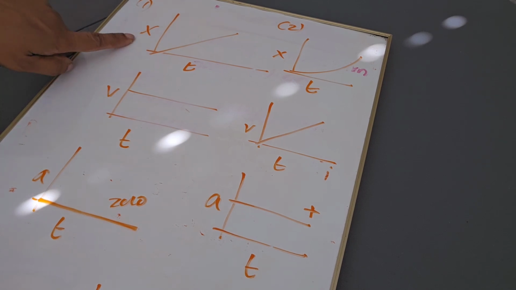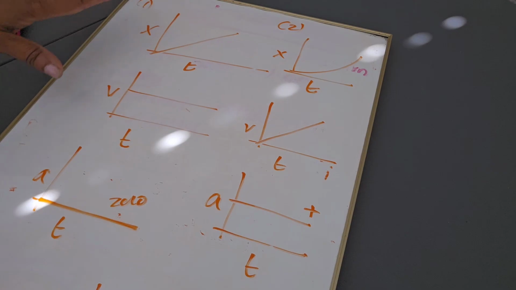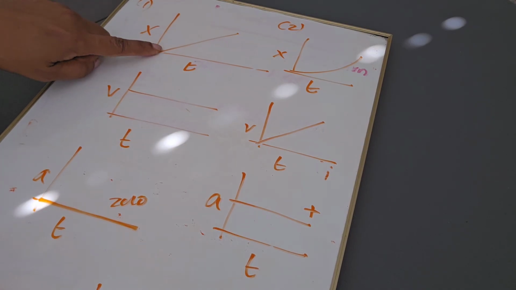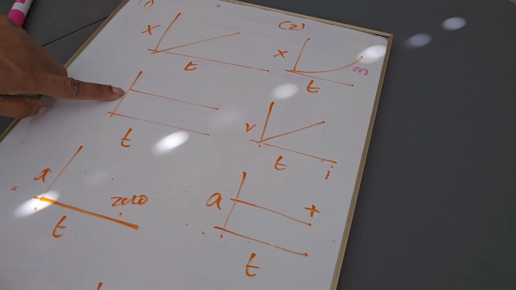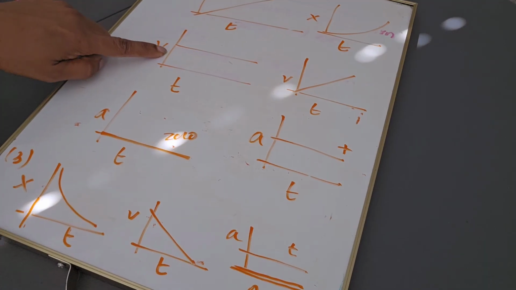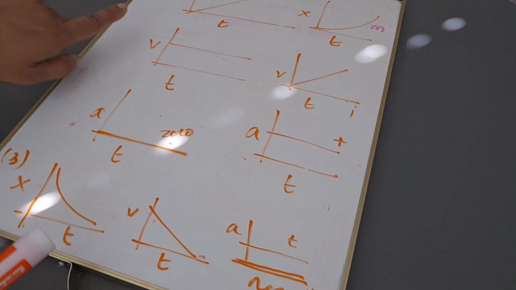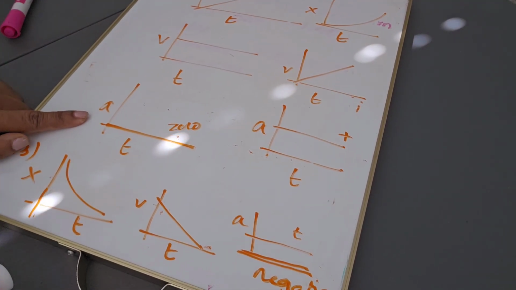The rate at which position is changing is just velocity. So you need these x-t graphs to find your velocity and acceleration, and you're going to look at their slopes. If it's a positive slope, velocity is going to be positive, and since velocity is constant and positive, my acceleration is zero in this case.